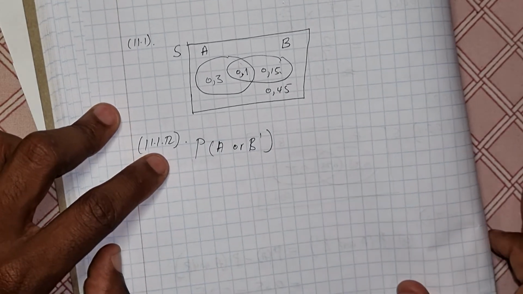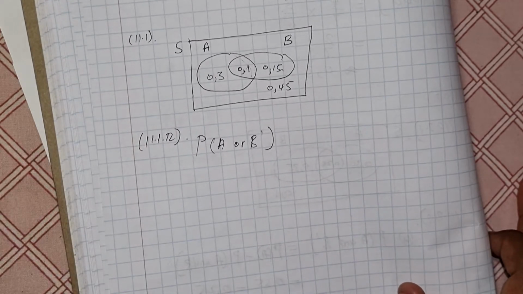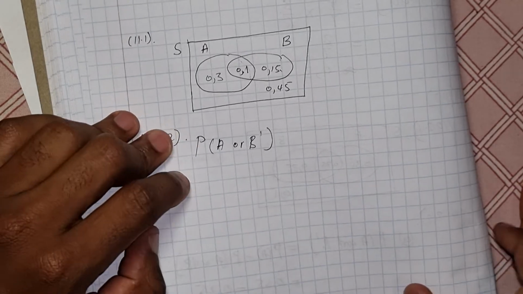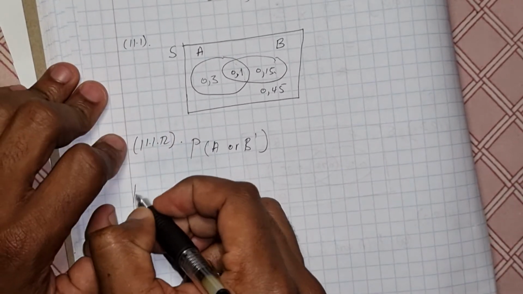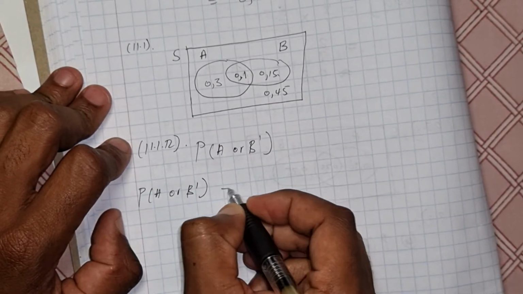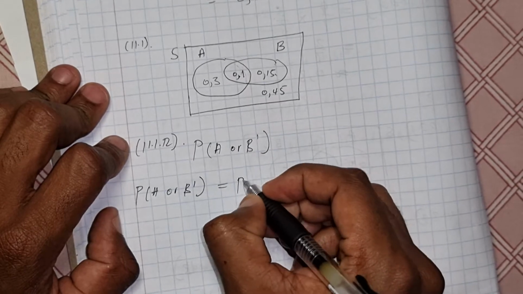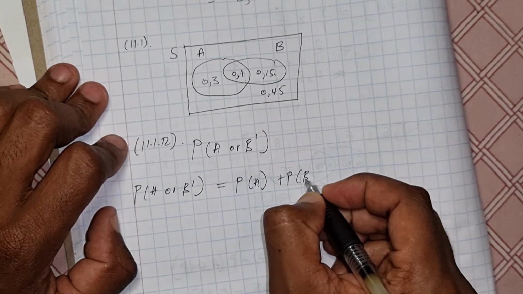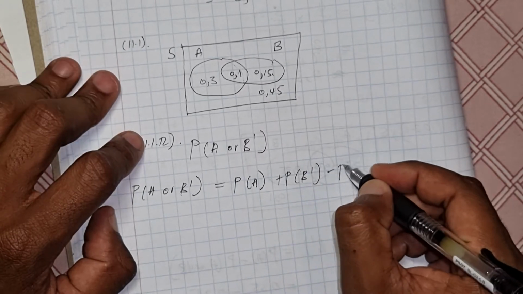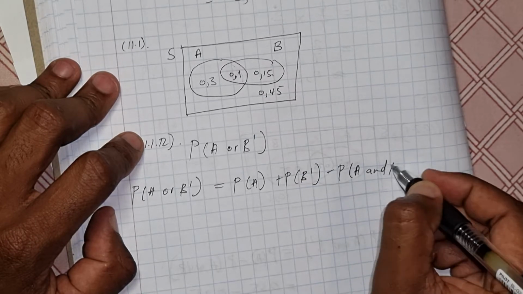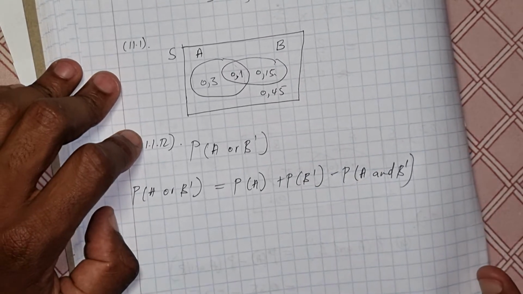So if we want to determine this probability, we want the probability of A or not B in this case. Now we're gonna use that rule, which says probability of A or not B is equal to probability of A plus probability of not B, subtract the probability of A and not B. We're gonna use this rule.